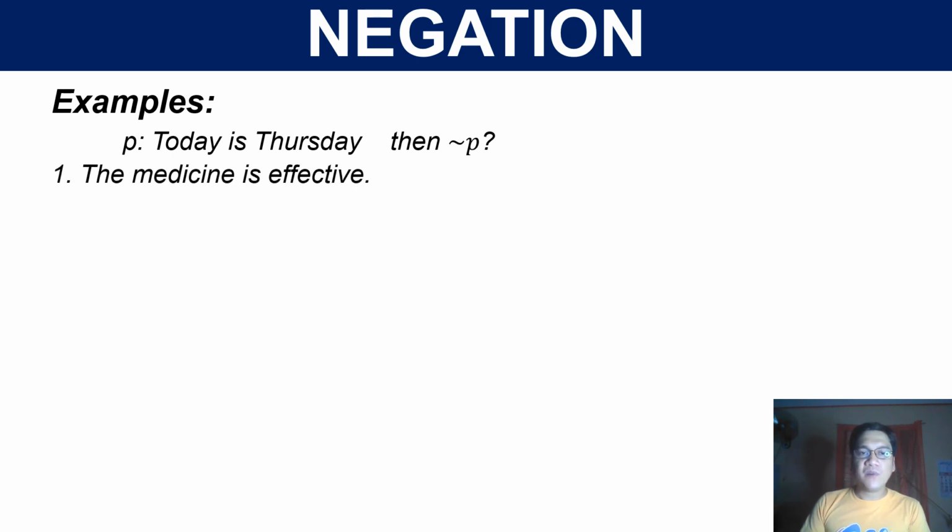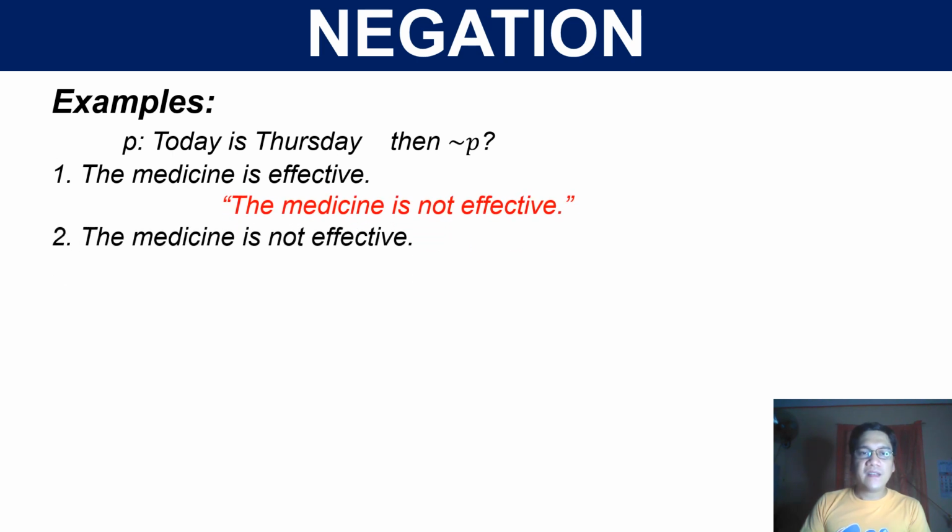So let's have more examples. The first one is, the medicine is effective. The negation is, the medicine is not effective. Number 2, the medicine is not effective. The negation is, the medicine is effective.